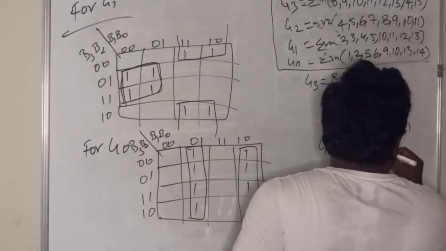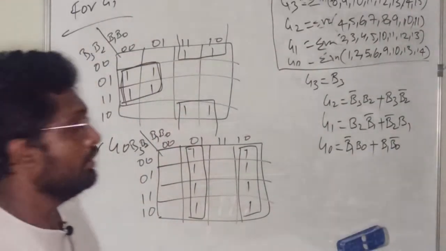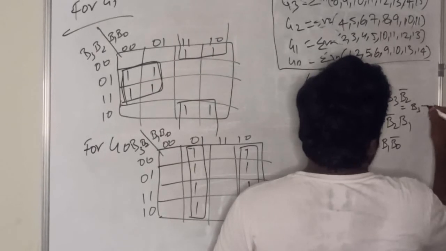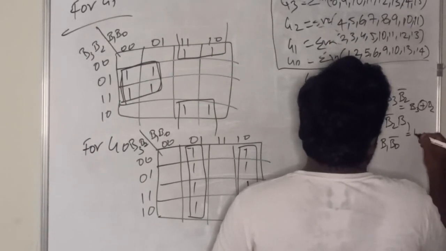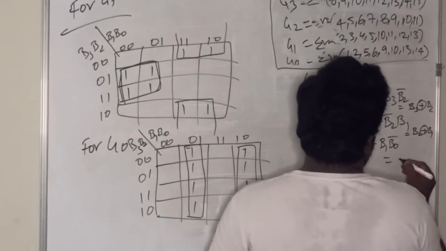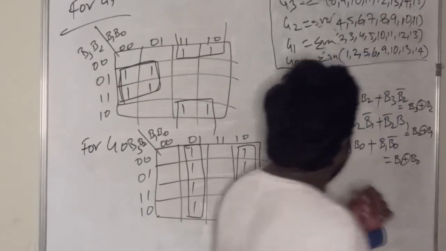So B1 into B0 complement. So if you observe here, for G2 we can write it as B3 XOR B2, and also for G1 we can write B2 XOR B1, and for G0 we can write B1 XOR B0.